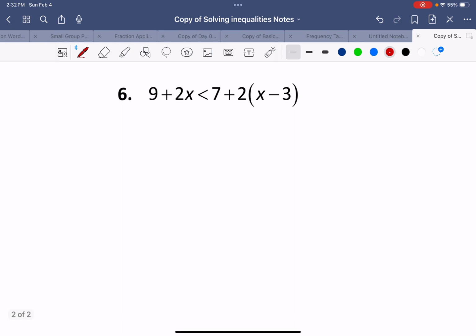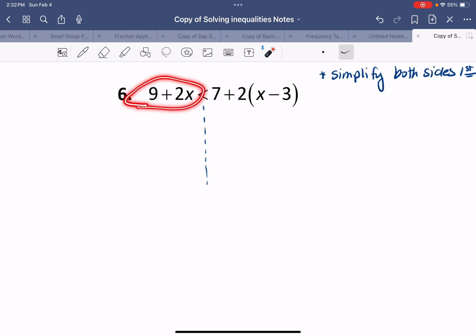All right, let's look at this problem. This one's a little more complicated, but you can do it. So we're going to draw a little line here. One thing that you're going to do first before anything else is simplify both sides. Simplify both sides first, okay? And what I mean by that is, can I do anything here to simplify it? Nope, 9 and 2x, we can't add those together.